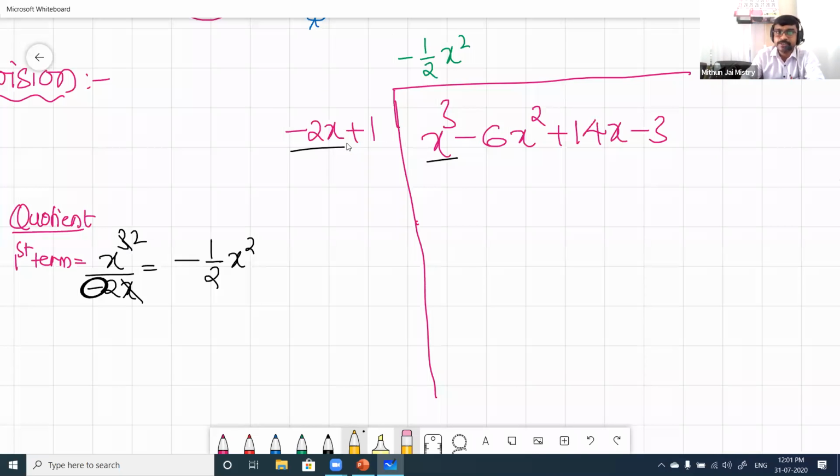So now let me move one by one. So first minus 2x into minus 1 by 2 x squared. How will the order be? Symbol into symbol. Note it down. First symbol into symbol, then number into number, then variable into variable. In every term the order is like this, right? So we have to multiply in the same order. So first minus into minus, that will be plus, but we don't write the plus separately. Then 2 into 1 by 2.